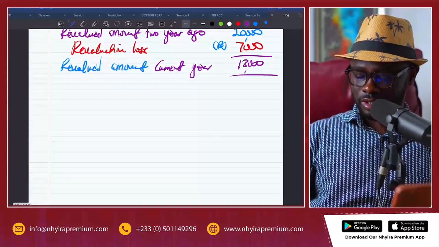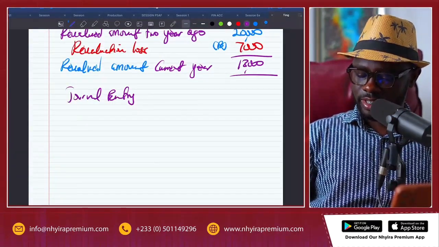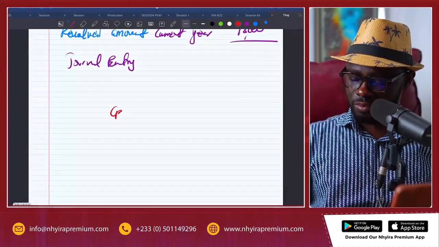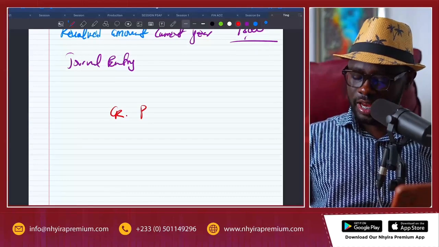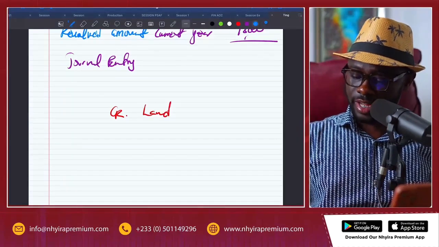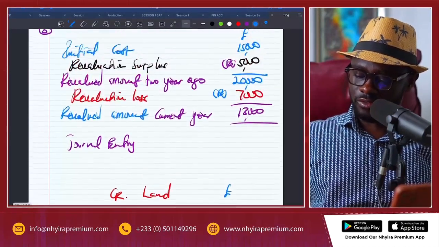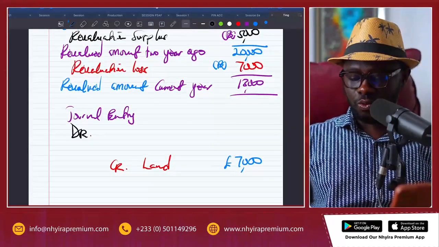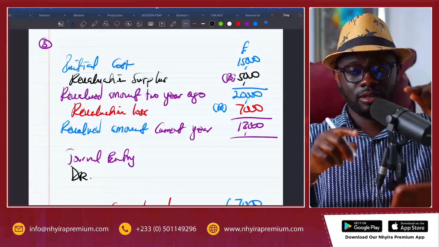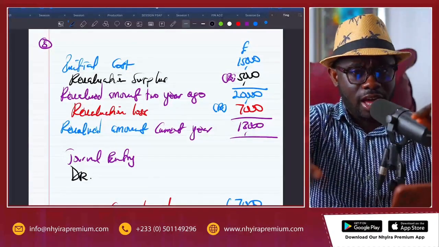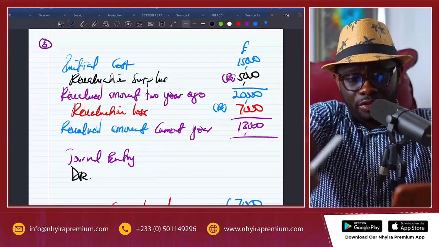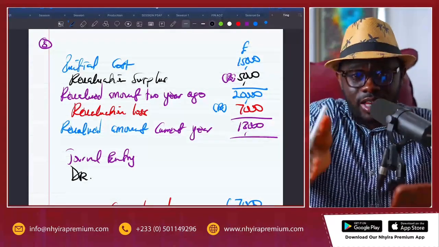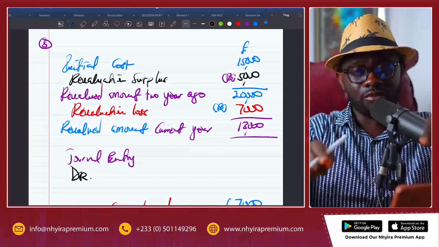So let's look at the journal entry in the current year. We have a loss of 7,000, so we are supposed to credit the land account. So we credit the land with a loss of 7,000. But what do we debit? We have to debit the revaluation surplus account with the surplus that we had 2 years ago in respect of this same asset, the land, which is 5,000.